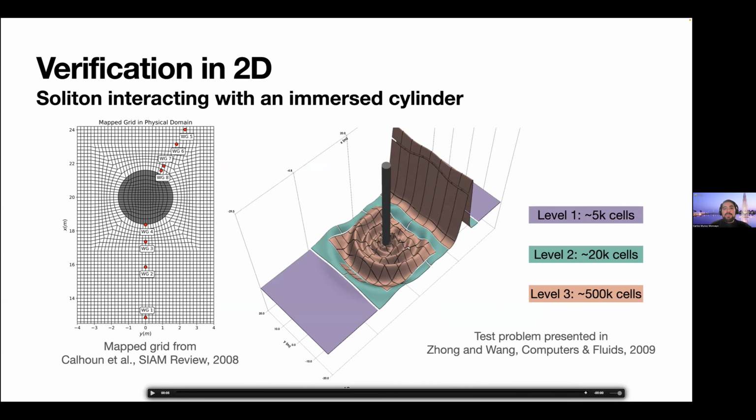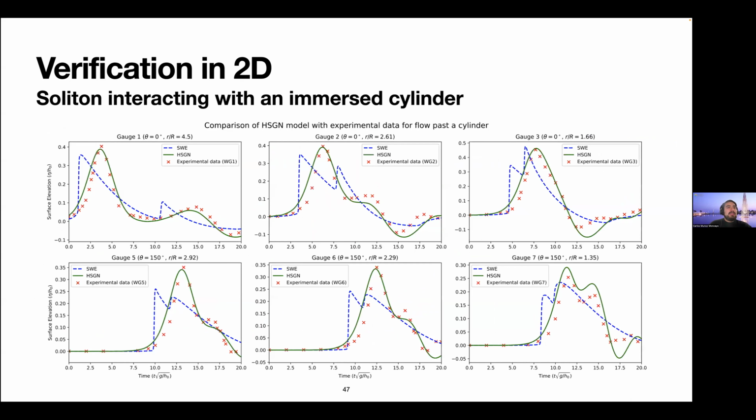We use 3 levels of refinement for this test. And here is the solution at the different gauges with the shallow water equations in blue for comparison. And you can see that HSGN is approximating fairly well the data at the gauges, where the shallow water equations, of course, are breaking and missing at least the initial peak.